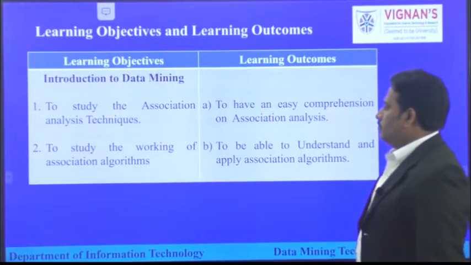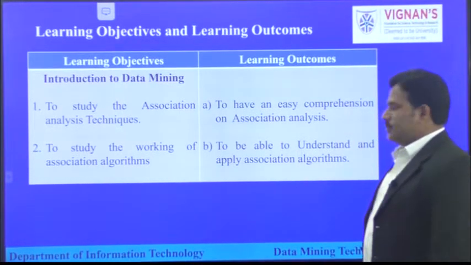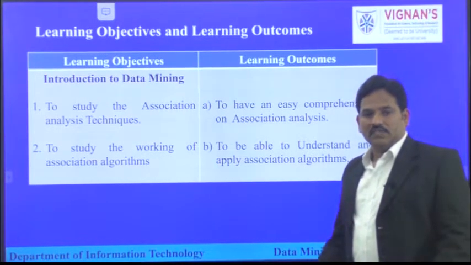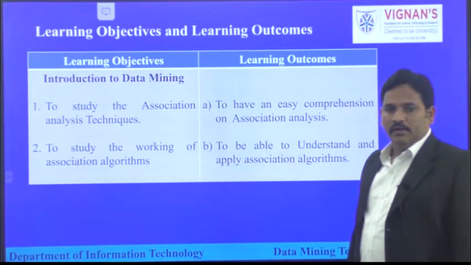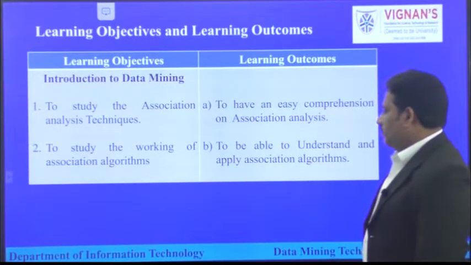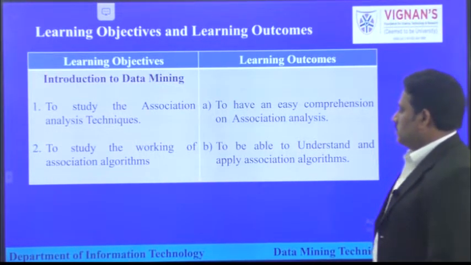Upon completion of this unit, we will have comprehensive knowledge of association analysis, how association analysis and association mining are applied in real-time applications, and we'll see the working of each and every algorithm as per the syllabus.